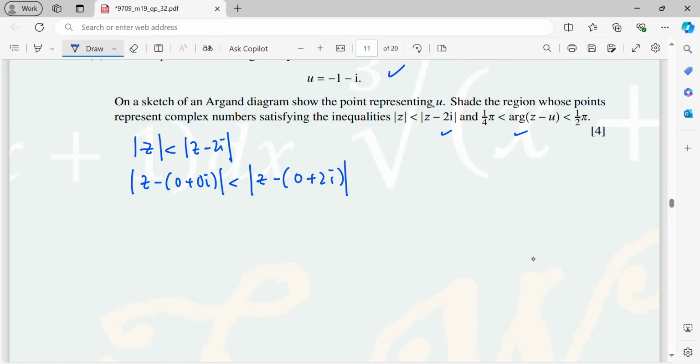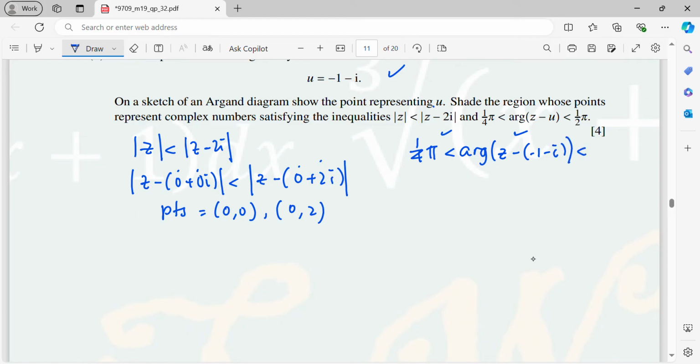Right, so here I'm getting 2 points. Points with coordinates (0, 0), because it's 0 + 0i, and then the other one is (0, 2). Now, for the next one, it's going to be 1 over 4 pi, the argument of z minus u, where u is minus 1 minus i, in between half pi and 1 over 4 pi.